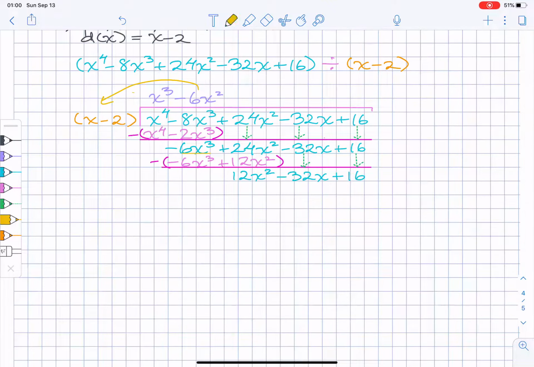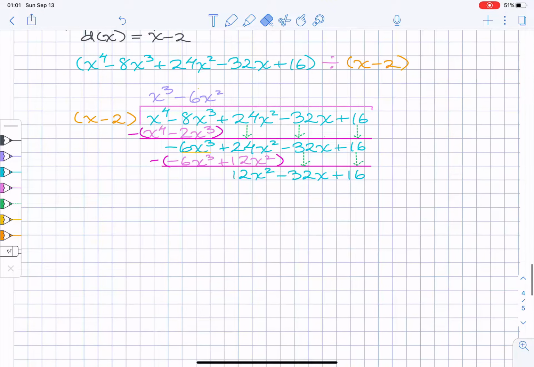And we start again. Okay, so what do we want? What do we multiply x by in order to get 12x squared? I claim that's plus 12x. Then we're going to distribute the 12x to x minus 2.